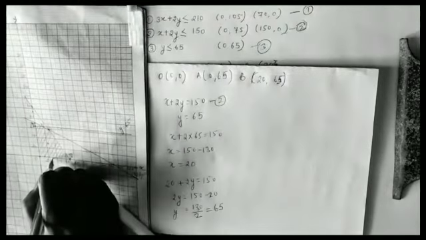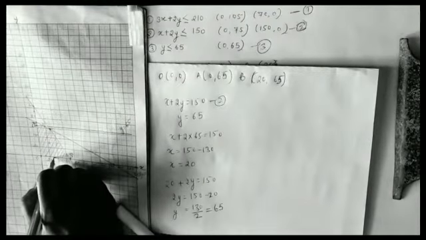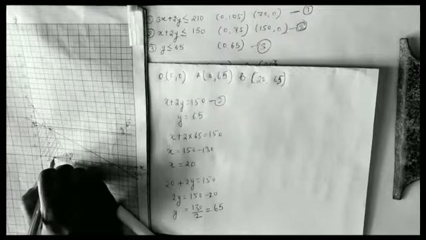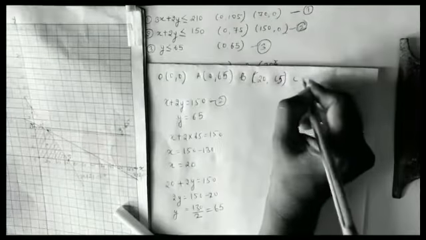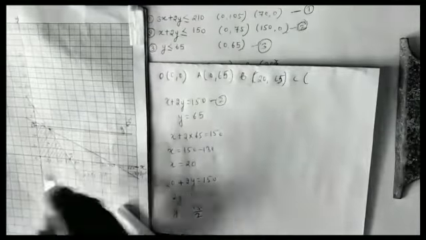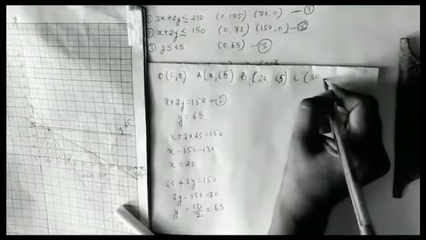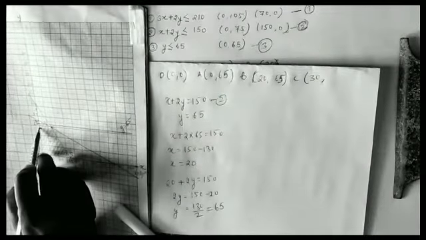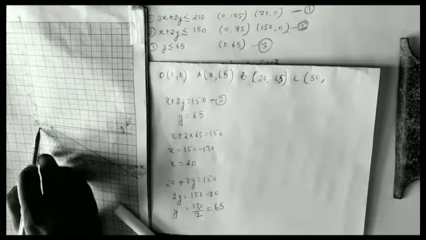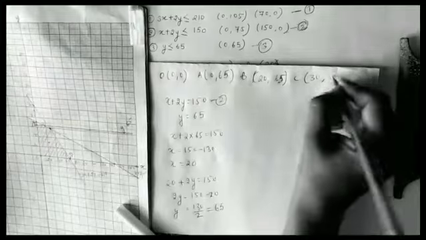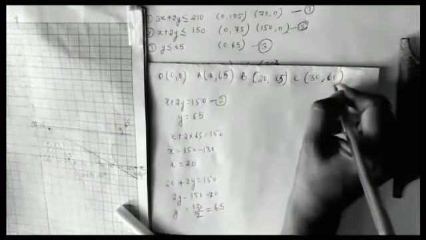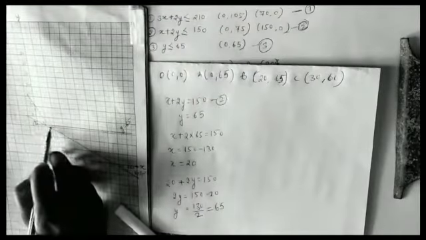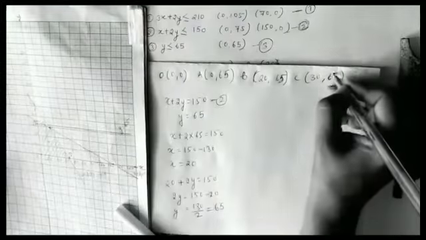When we draw a line perpendicular to the x-axis, we will get the point x, and this is 30. Now when we draw a perpendicular line to the y-axis, we will get the point y, and this is 60. Here we can see it is joining at 60.